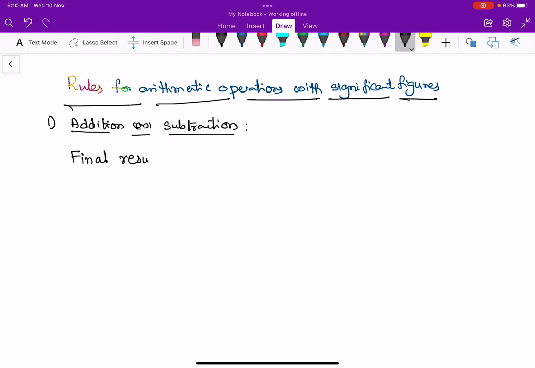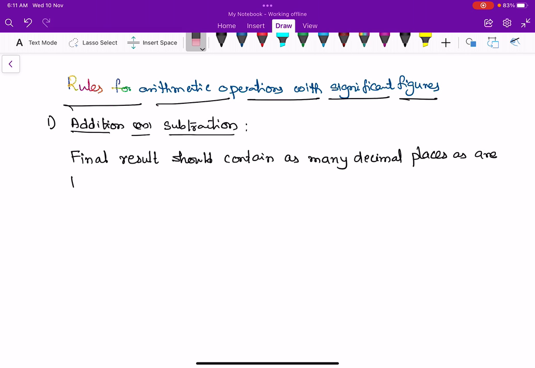The final result of addition or subtraction should retain as many decimal places as there are in the number with the least decimal places.